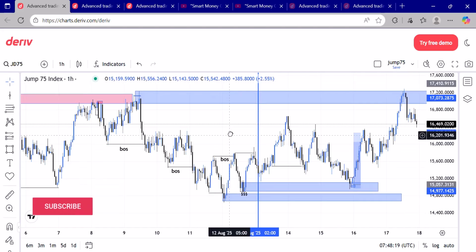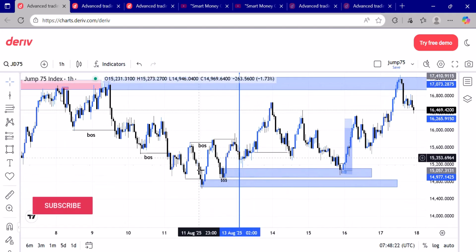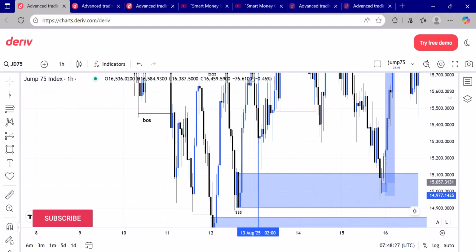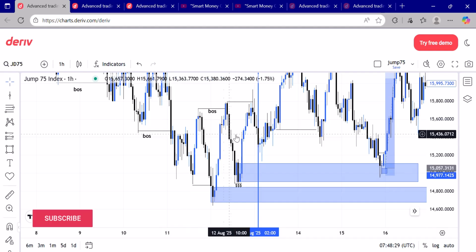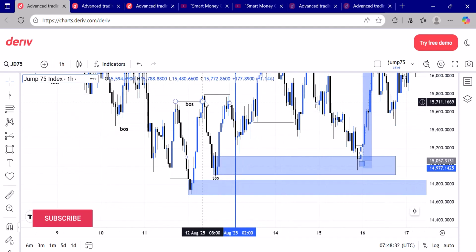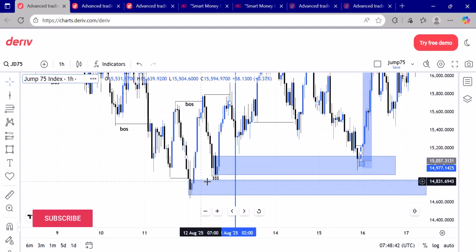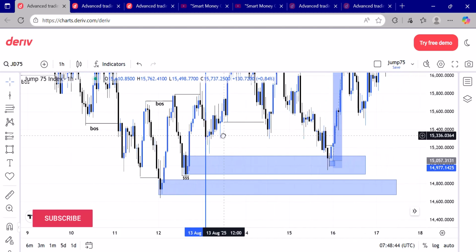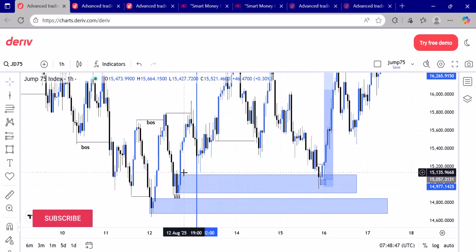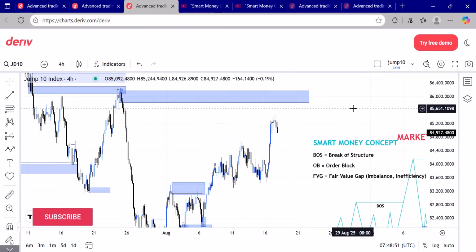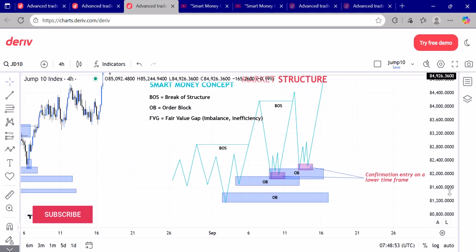We were looking for price to come here, because this is our zone in the 1 hour. This is our zone in the 1 hour, and this is another zone, which is the same thing that happened in this model that we showed here.